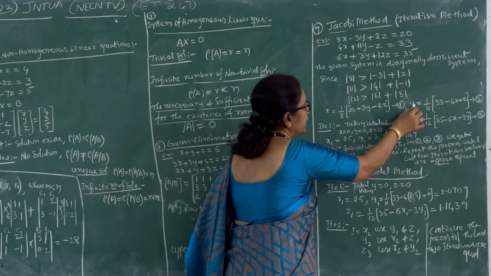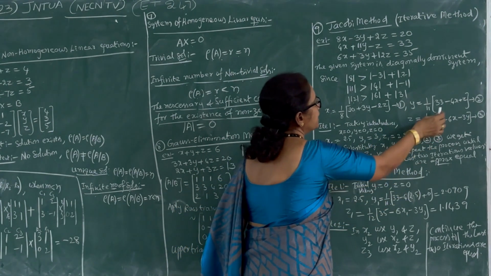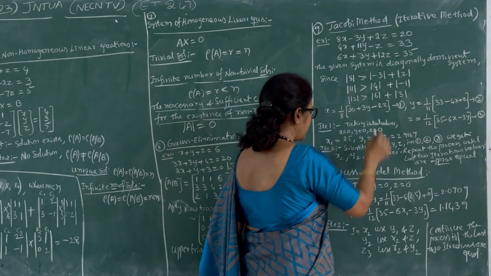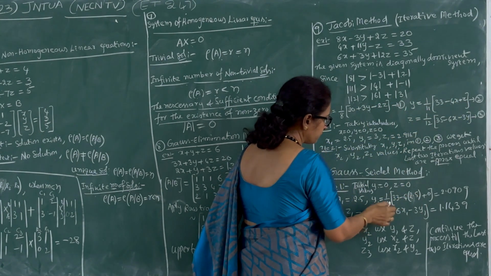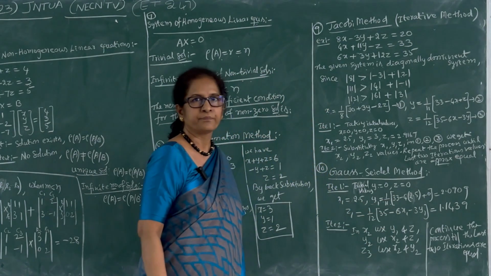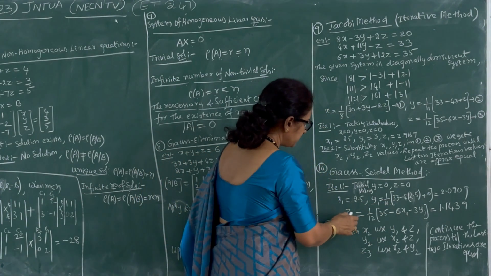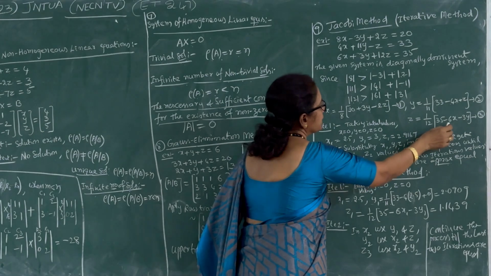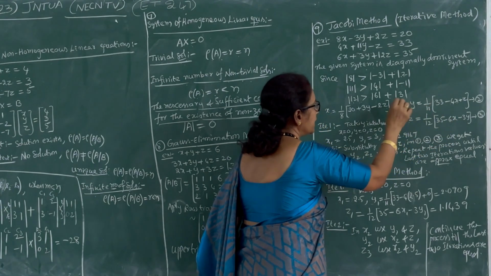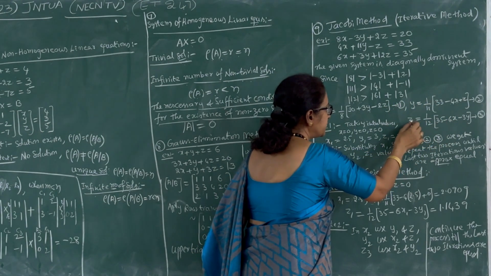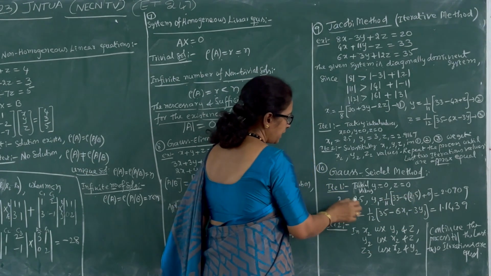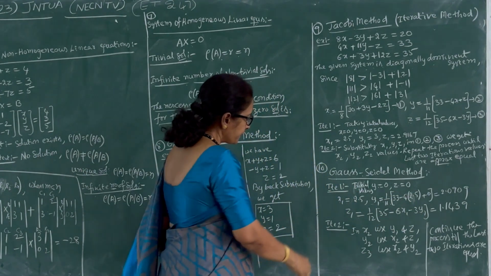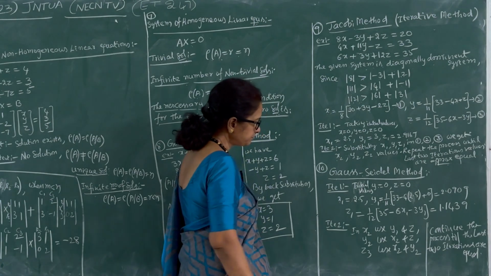Then, in order to find y1, here we are using the latest x1 value, and z equal to 0, you will get y1 value. And z1 value, here we are using x1 and y1 to get z1. This is iteration 1. Coming to iteration 2.